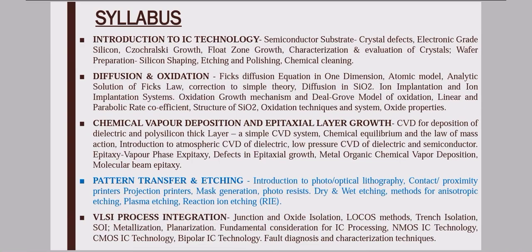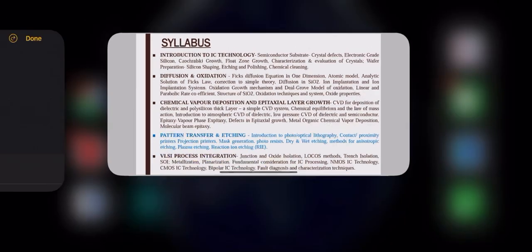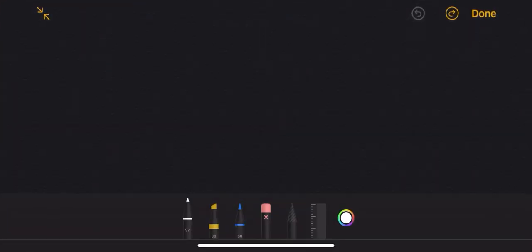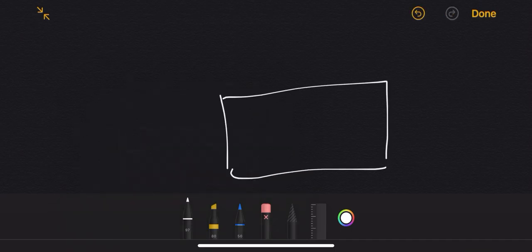Now, why is this pattern transfer required, and why do we want to do this etching process? This is basically when you have to build some structure, like a gate structure. Let me tell you, this is our substrate, and this is our source and drain region. Whenever we are doing fabrication, it is a layer process.